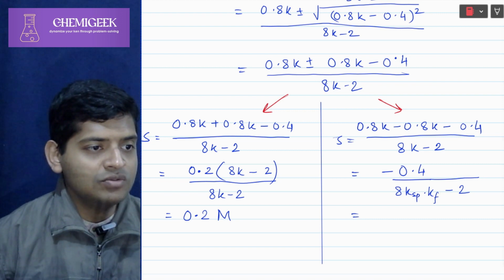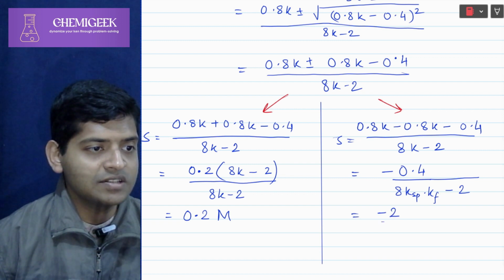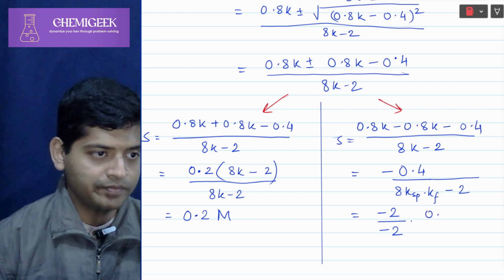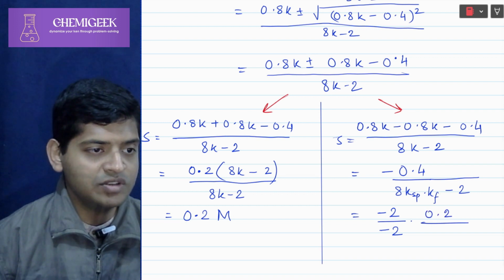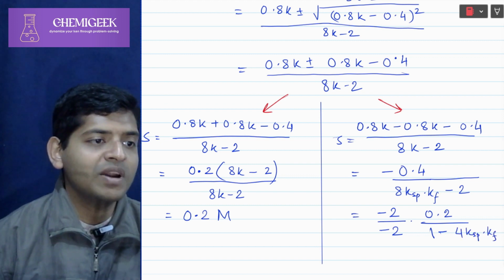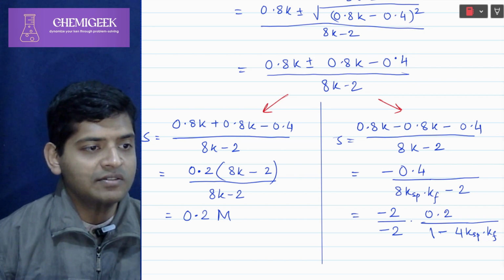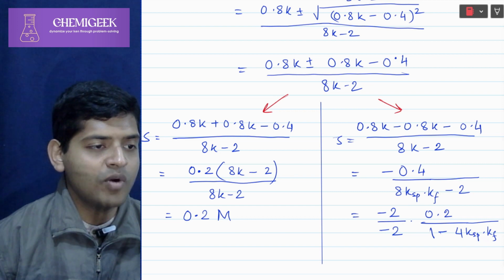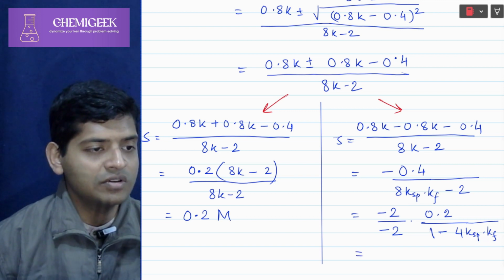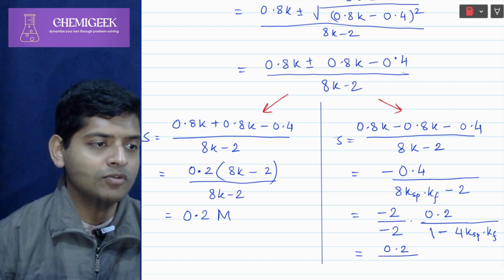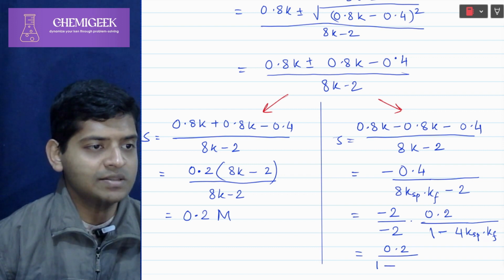Now this is equal to minus 2 divided by 2 into 0.2 divided by 1 minus 4 KSP. What we have actually done here is multiplied top and bottom with minus 2 so that we can easily get the answer. So it is 0.2 divided by 1 minus 4 into KSP.